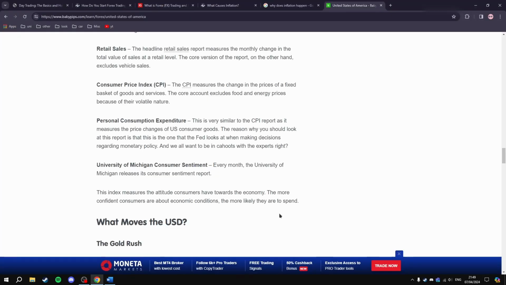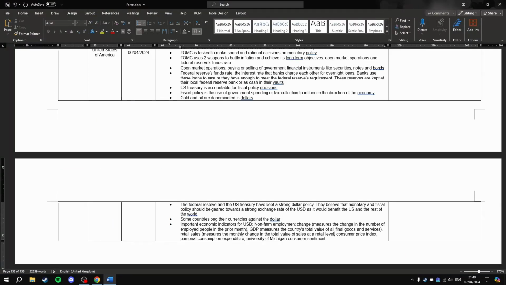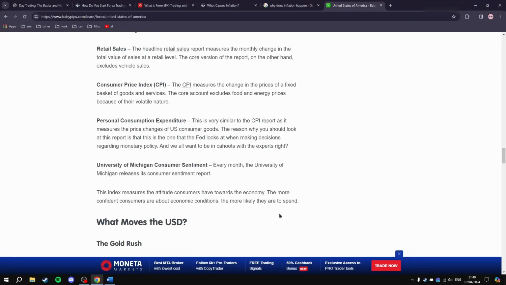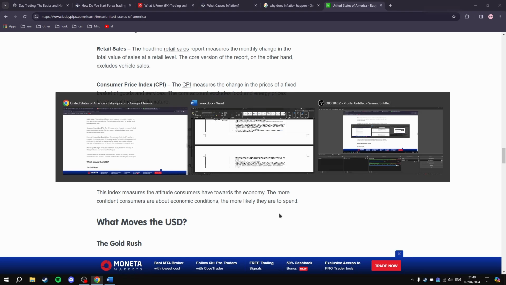The core version of the report, on the other hand, excludes vehicle sales.